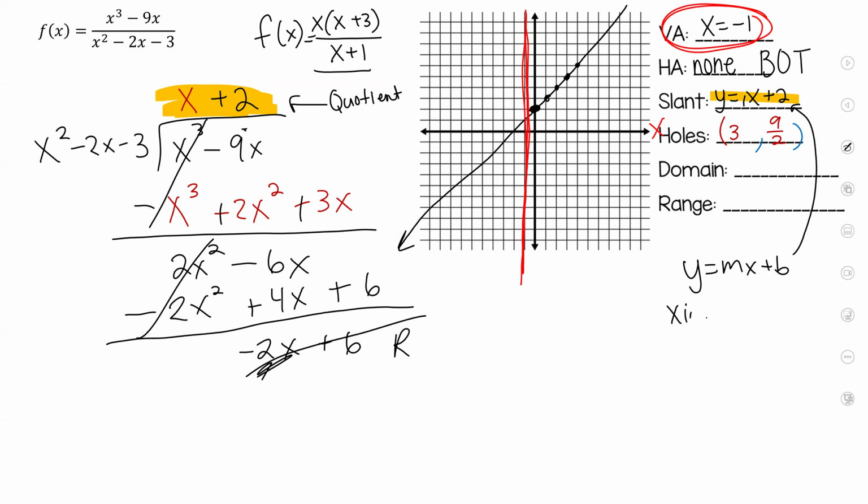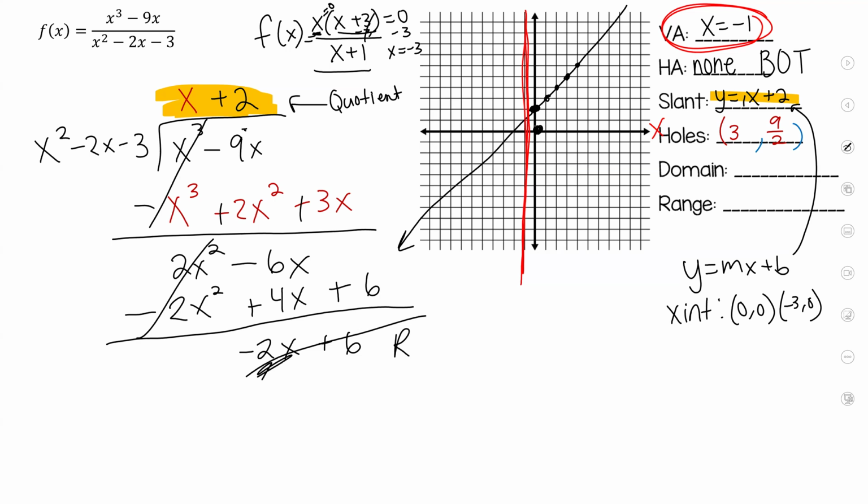So for x-intercepts, I'm going to use my simplified equation. Set this x equal to 0. So I get x equals 0. So one of them is (0, 0). And set this part equal to 0. If you solve, you subtract 3, you get x is negative 3. So my other x-intercept is (-3, 0). So let me plot those. This one is (0, 0).